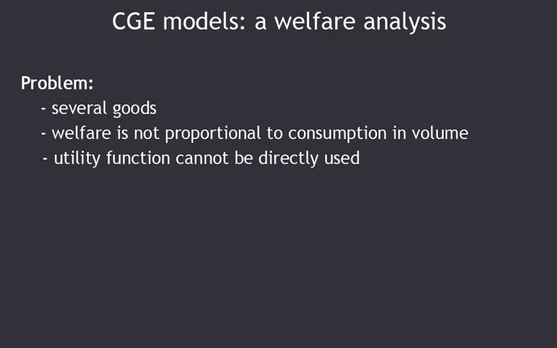Second problem, which is more important, satisfaction is not proportional to consumption. Generally, the satisfaction or the welfare derived from the consumption of a good increases with the volumes consumed, but marginally less and less. Put differently, marginal utility is positive but decreasing. Therefore, there is a saturation effect.